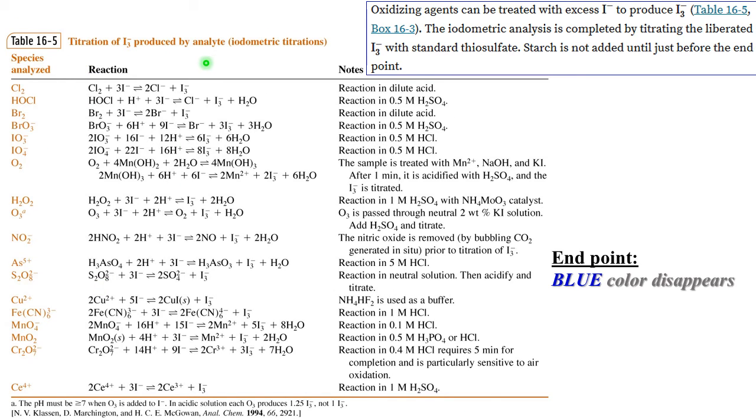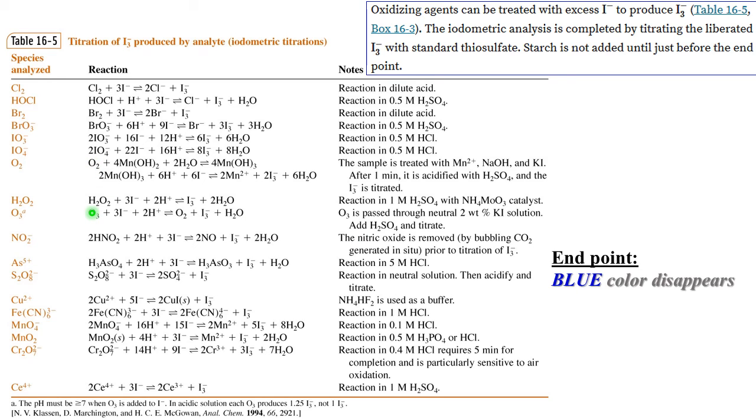Another reaction is titration of oxidation agents with thiosulfate. So what you do, you add some oxidation agent that you want to titrate, and then add potassium or sodium iodide. Your agent reacts stoichiometrically to make iodine, and then you titrate it with sodium thiosulfate.